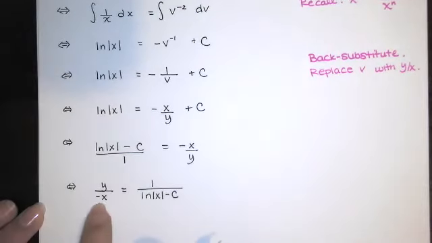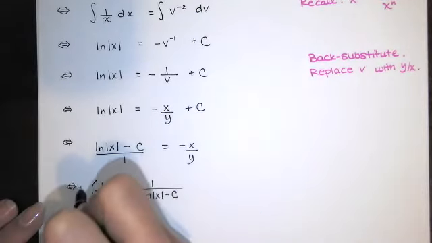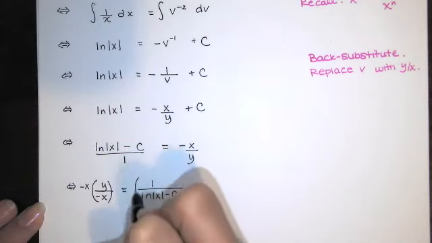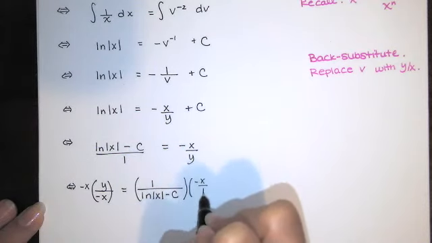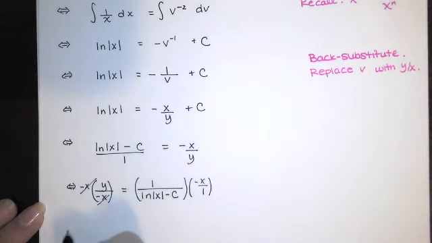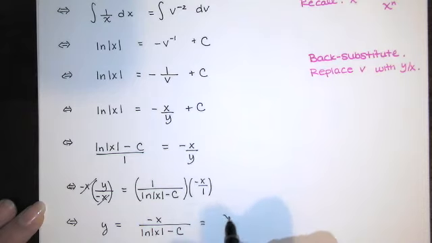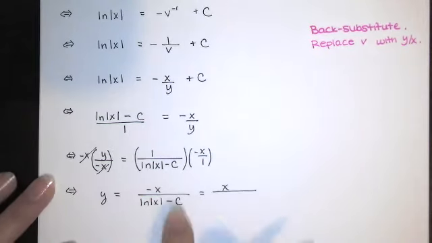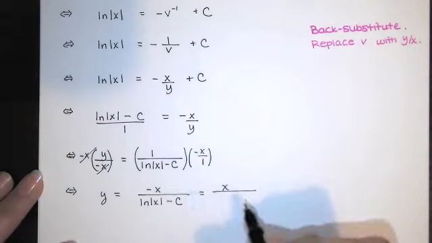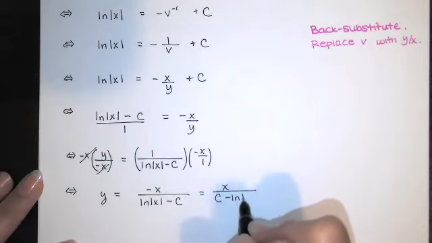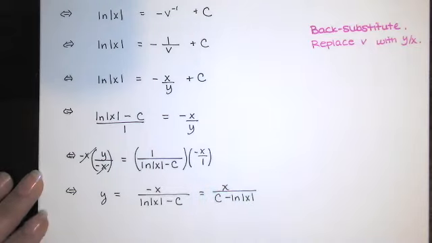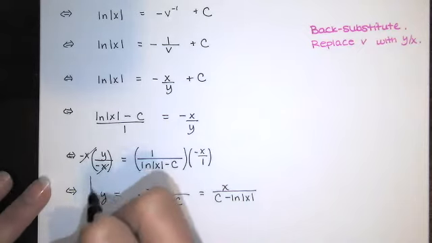And then to get y by itself, I'll multiply both sides by negative x, which is of course the same as negative x over 1. So I end up with negative x over natural log of the absolute value of x minus c, or if you prefer, and some people prefer, multiply the numerator and denominator by -1. You end up with c minus natural log of the absolute value of x in the denominator. So this is a solution.